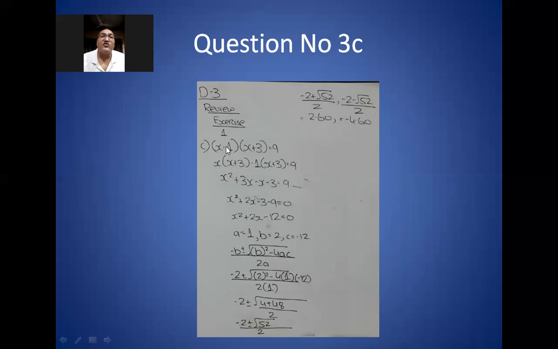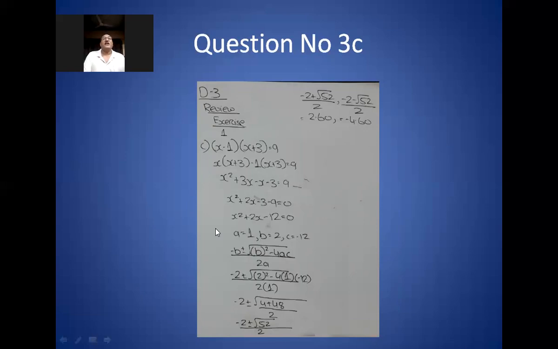So x into x plus 3, then minus 1 into x plus 3 equals 9. Here you will have x squared plus 3x minus x minus 3 equals 9. So you will have x squared, and this will give you 2x minus 3 and minus 9 equals 0. You will have x squared plus 2x minus 12 equals 0.